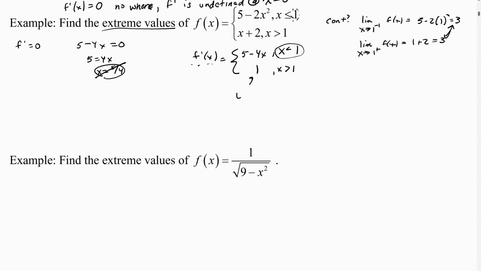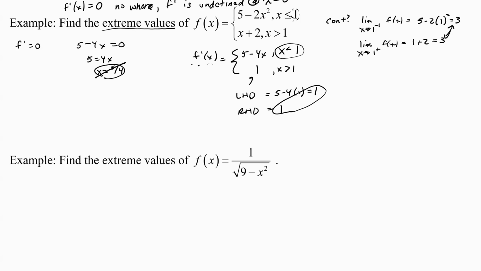Well, the left-hand derivative, coming in from lower x values, is 5 minus 4 times 1, which is 1. The right-hand derivative is 1. Those derivatives are equal. There's a derivative at that place, and its derivative is 1. There are no critical values here.